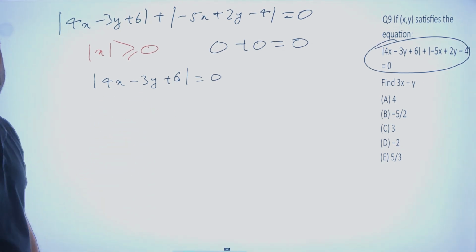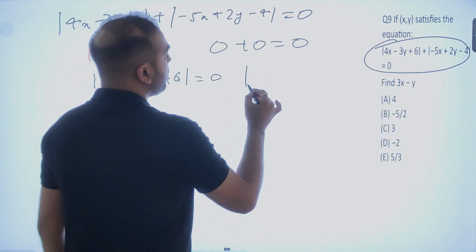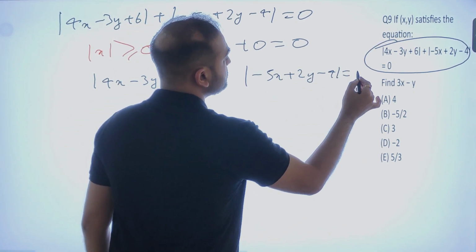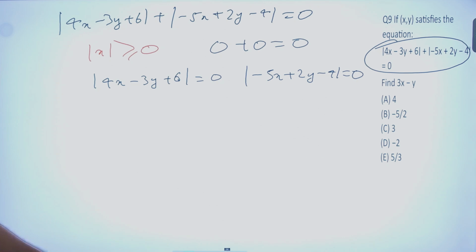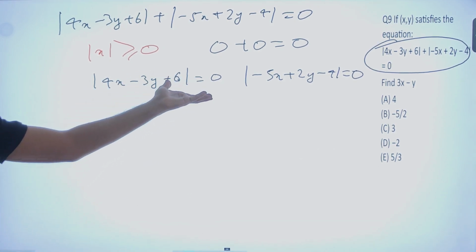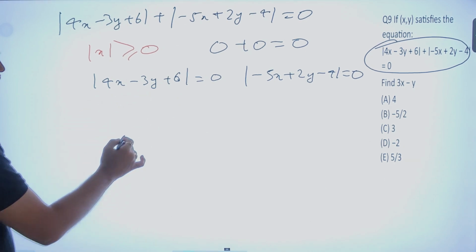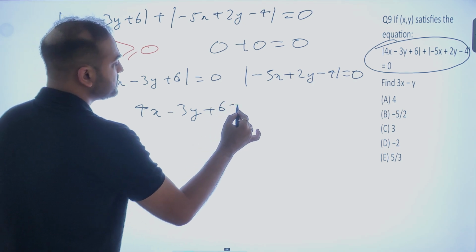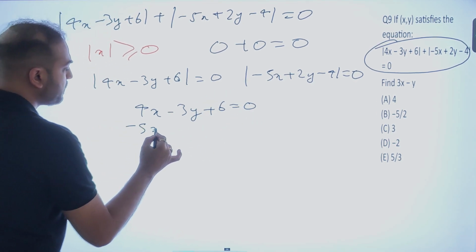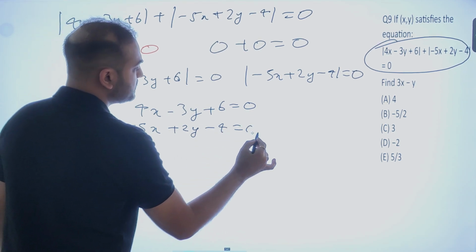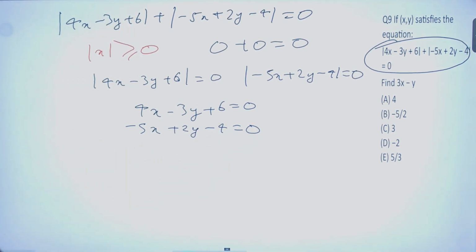That means 4x minus 3y plus 6 is 0, and likewise minus 5x plus 2y minus 4 is 0. You can square both sides, or you can simply say that the only way it is 0 is if the value itself is 0. So we get a simultaneous equation: 4x minus 3y plus 6 is equal to 0, and minus 5x plus 2y minus 4 is equal to 0.